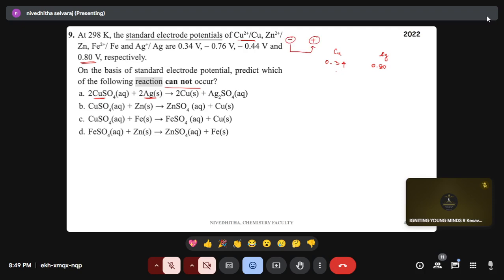Here electrons will flow from copper to silver. So silver will gain electrons and get reduced, and copper will lose electrons and get oxidized. In the first equation, copper was reduced and silver was oxidized, which is wrong. So the answer is the first option.